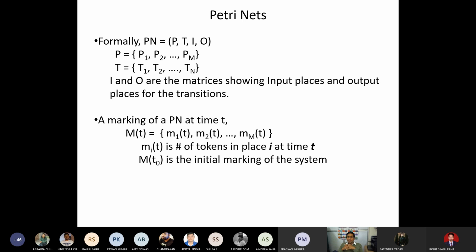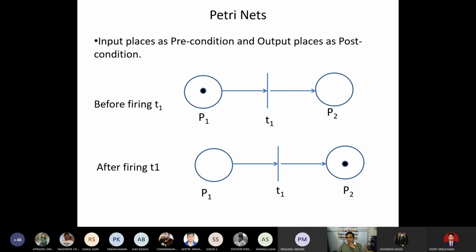Let's say you have a graph; going back to the previous one, can you tell me what the marking would be? We have two places, place 1 and place 2. At time t0, what is the marking? For P1 it's 1 and for P2 it's 0. Yes, before firing T1.